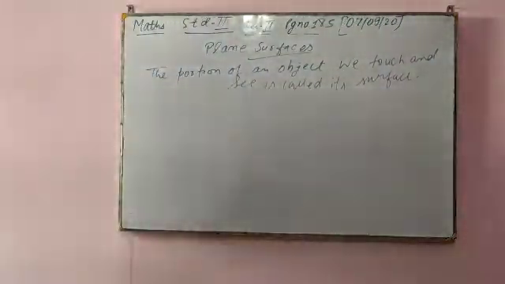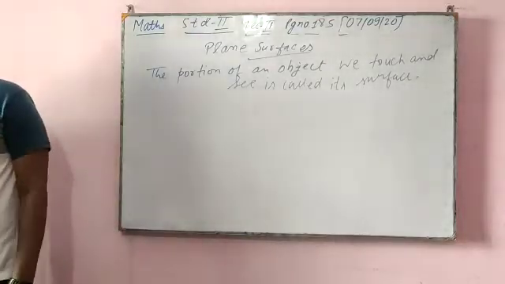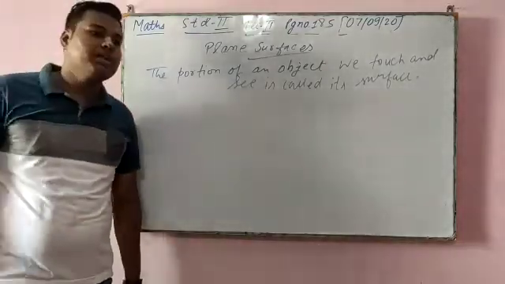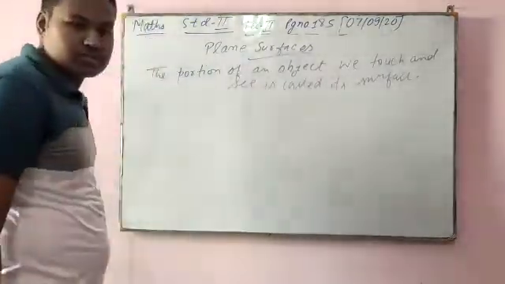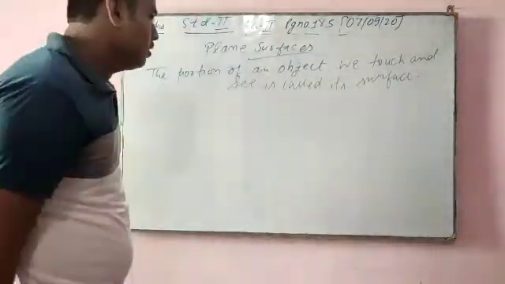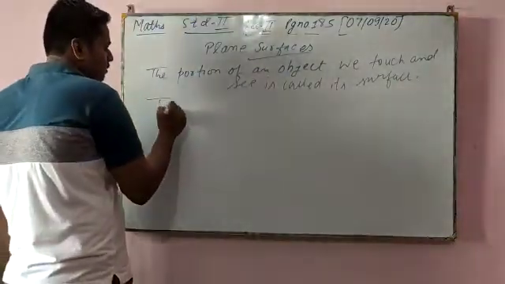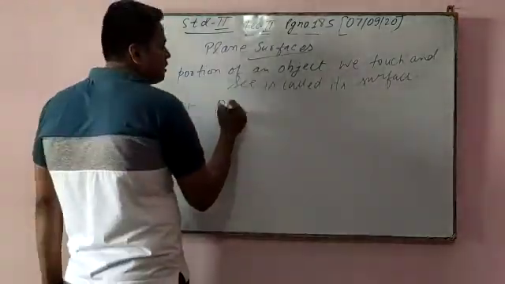Now what is known as a plane surface and a curved surface? Plane surface means totally plain, and curved surface means which is curved, round. Take the example of a table or dining table. This is actually a plain surface.